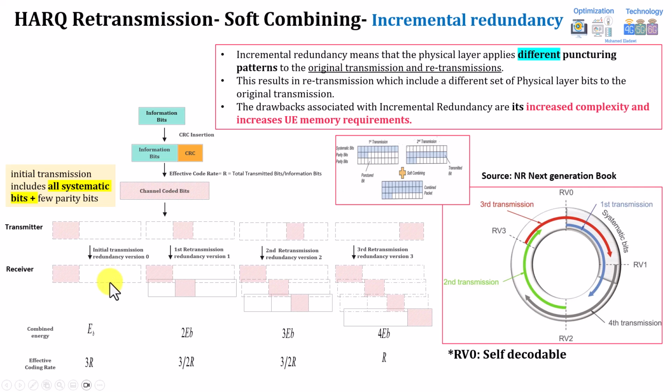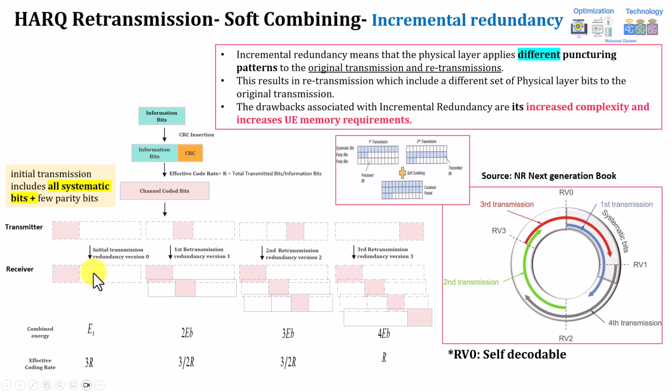The transmission is sent again, it fails, so it requests a first retransmission. But look at a very important thing here: there is something called RV, redundancy version. In case of incremental redundancy, there will be an RV, saying this is the first redundancy version.